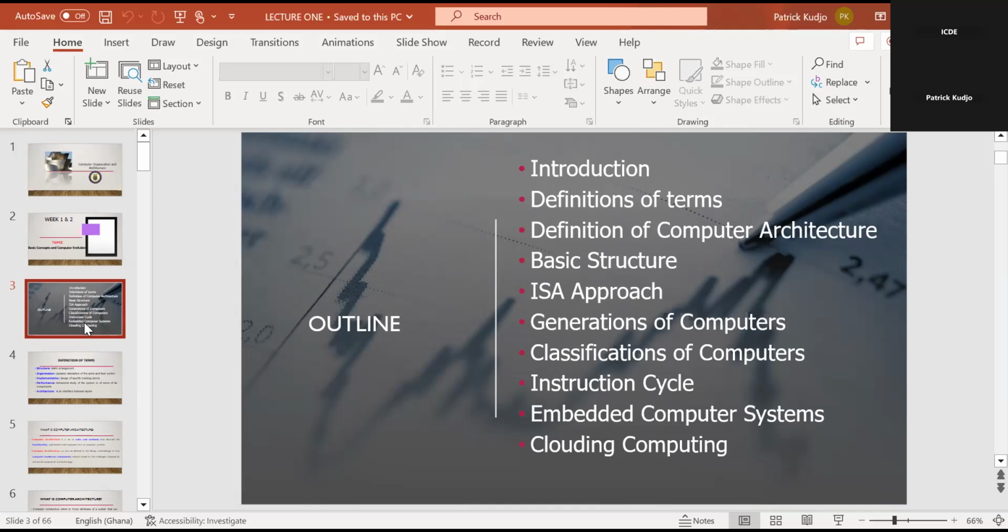Instruction cycle, embedded computer systems, and cloud computing. I'll also share the reference book for this particular course, so that you can use that as a guide, aside from the manual that I developed for computer architecture.